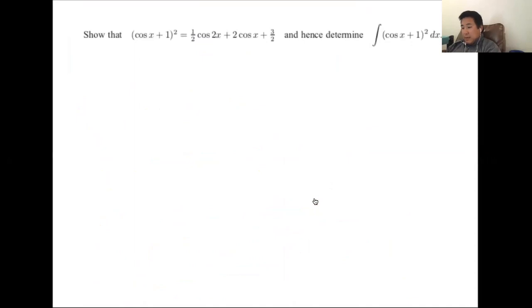So that this is equal to this. So that's cosine squared x plus 2 cosine x plus 1.